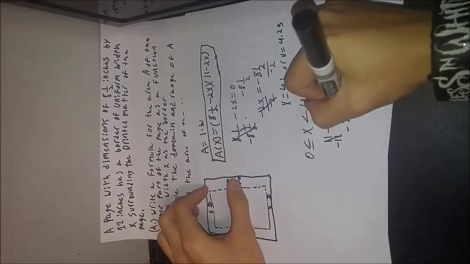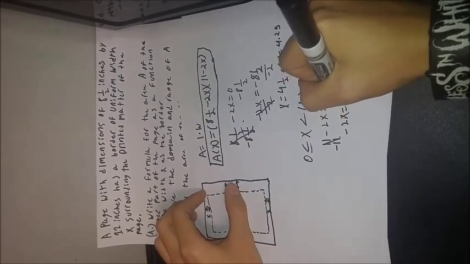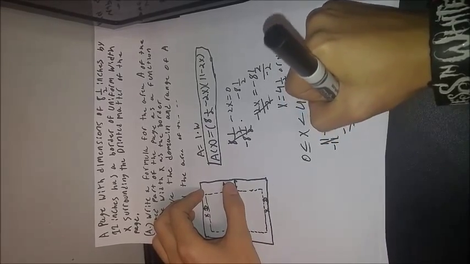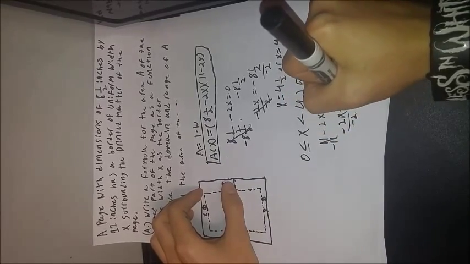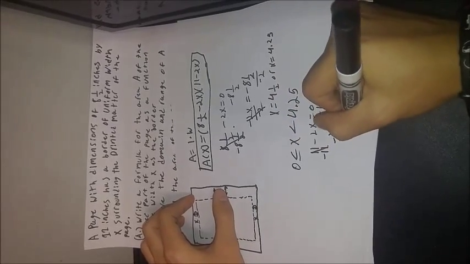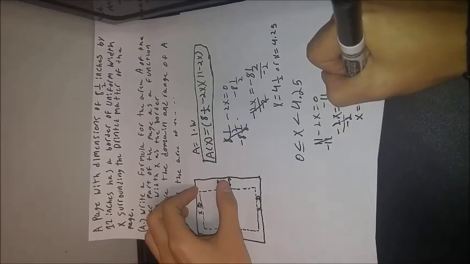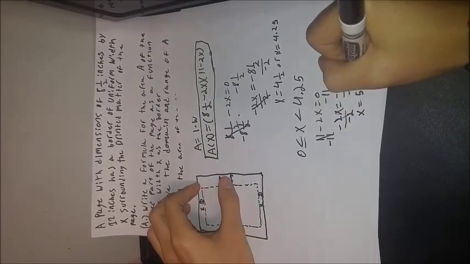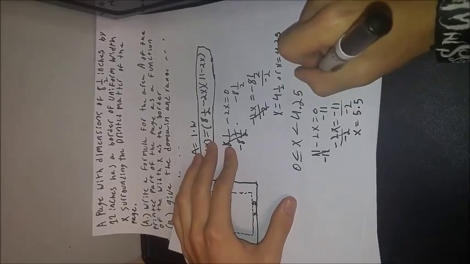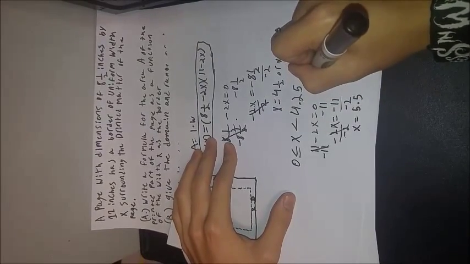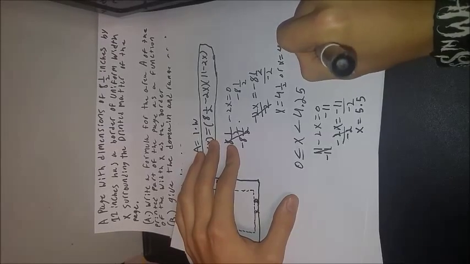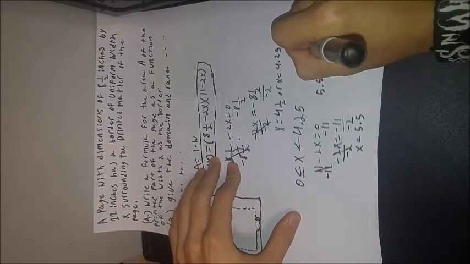There will be negative 2x equals negative 11. Then we divide by negative 2. Again, the negatives cancel out, and x would be equal to 5.5. And this one would be our range. So we would write it as 5.5 included, then after that, infinity.